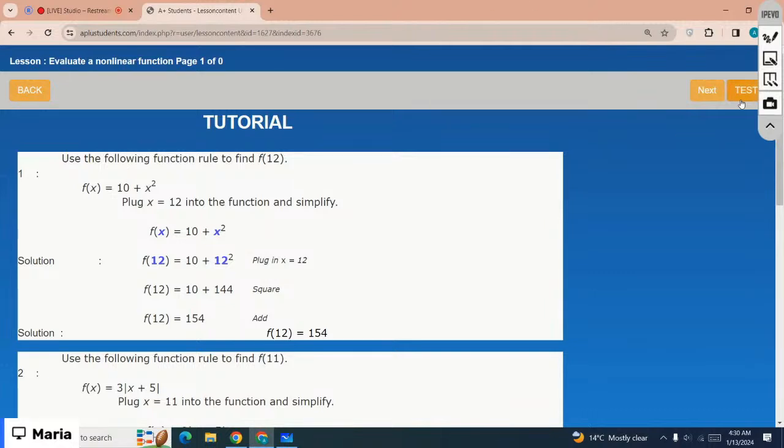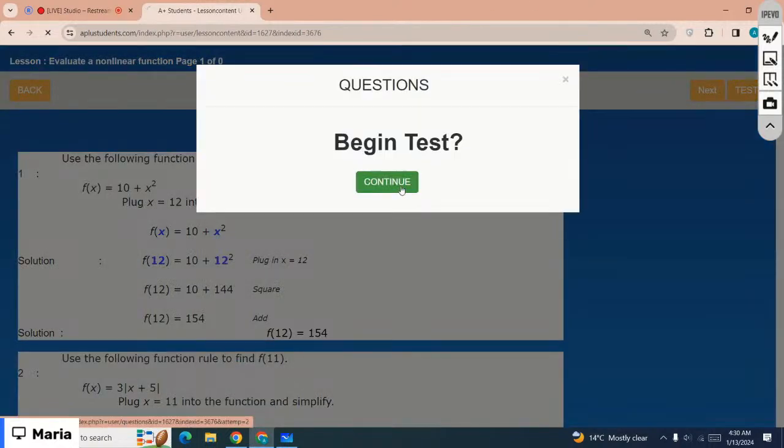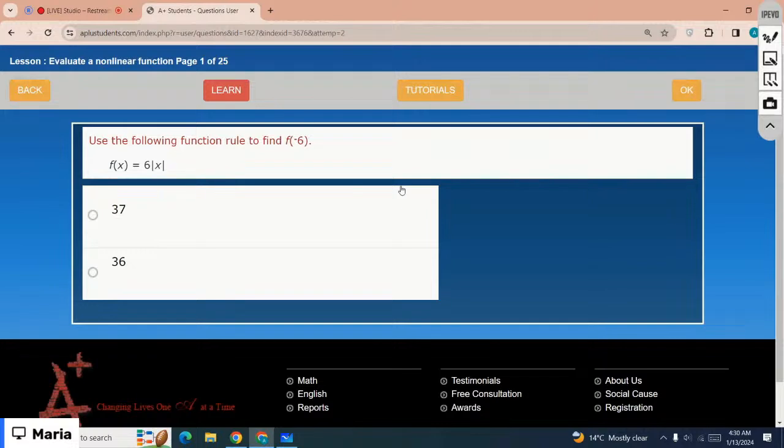Okay, let's just start with the test questions. Use the following function rule to find f of negative 6. You need to replace the x with negative 6.